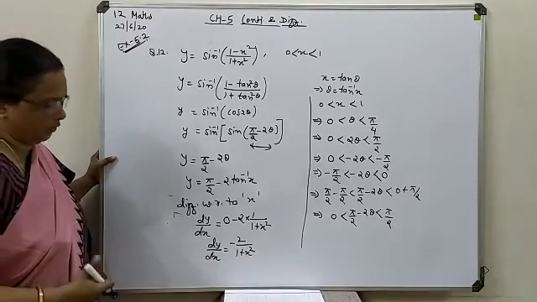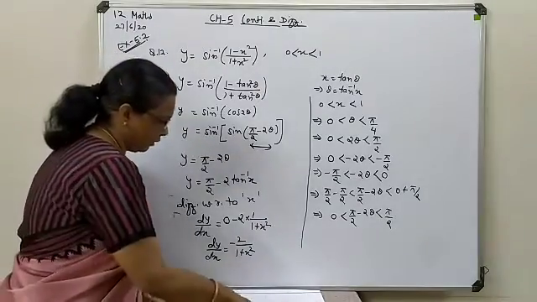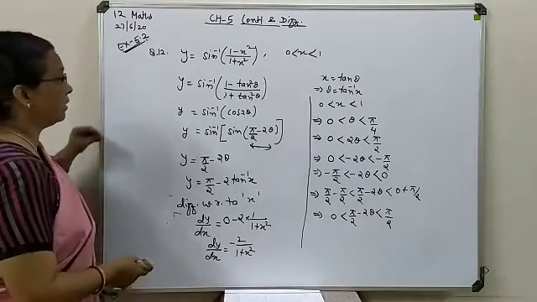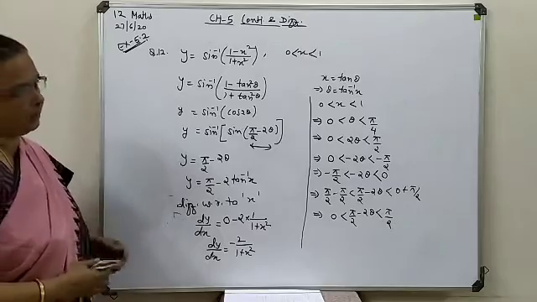Now next, in the same category we have question number 15, which is in the form of sec inverse. In between, question numbers 13 and 14 you can attend in the same category.